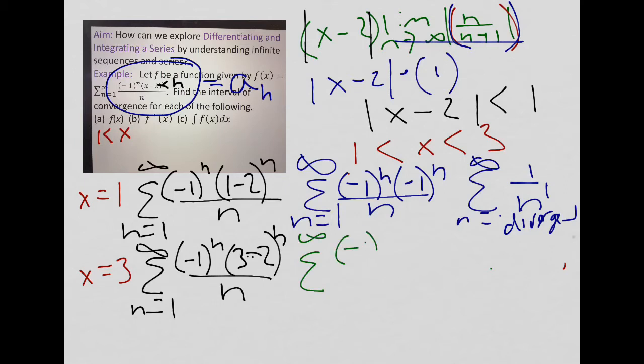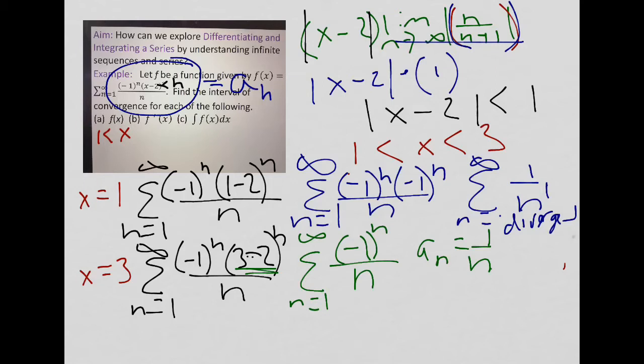And let's go and finish this one down here with the 3. So we have -1 to the nth power. Now, like I was saying before, 1 to the n is just going to be 1. So this is going to be our expression. For the alternating series test, we can take a look at trying to find if it converges or diverges.